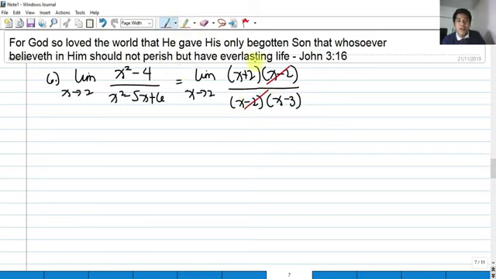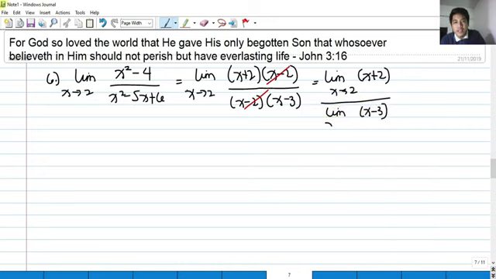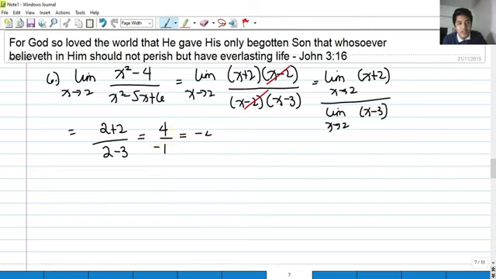So we are left with the limit of x plus 2 as x approaches 2 over the limit of x minus 3 as x approaches 2. So since these two are polynomials, we can simply substitute the value of 2. 2 plus 2, and here we have 2 minus 3. So we have 4 over negative 1, which is negative 4. So that should be our answer for this problem.